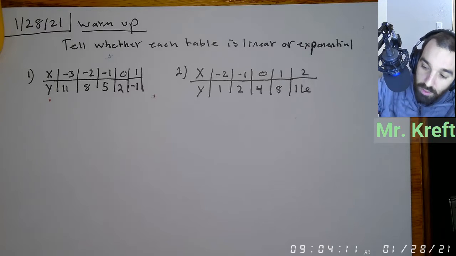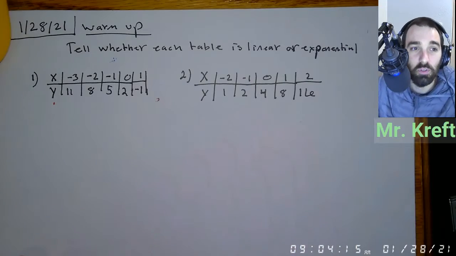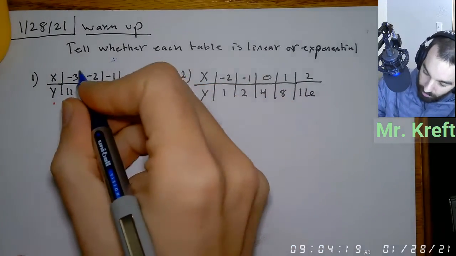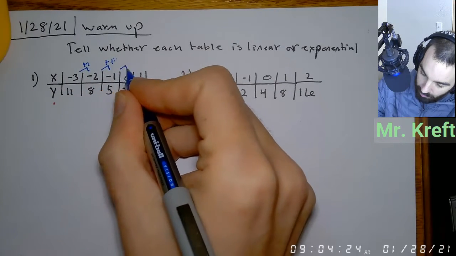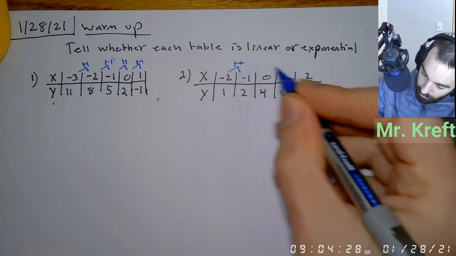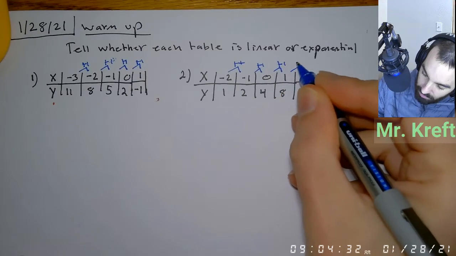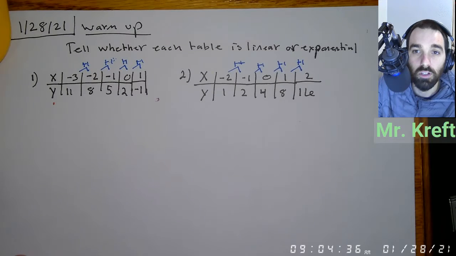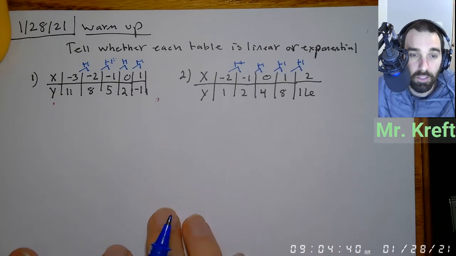So again, when we're going to test tables, what we're doing is we're looking at the input. Now, the change in x on all of these is 1, right? So I'm going +1, +1, +1, +1 on the x's for all of these. Now, in a normal COVID year, we would take a look at problems where the x isn't going up by 1, but we're just looking at examples where the x is going up by 1 every time, okay?